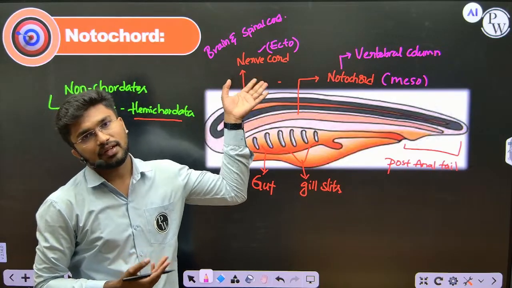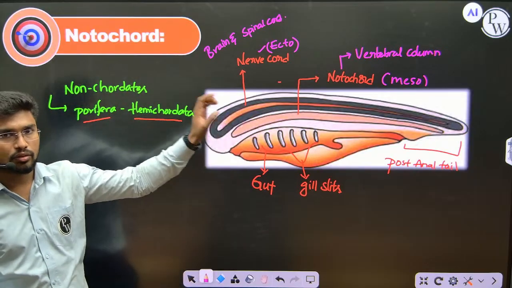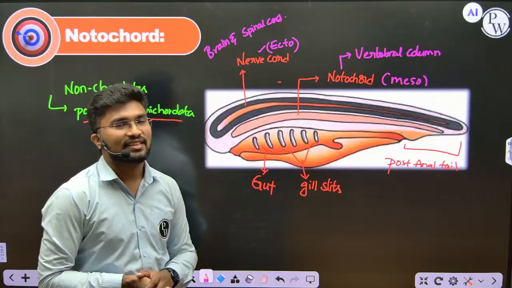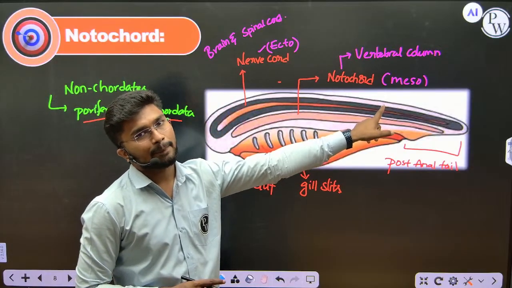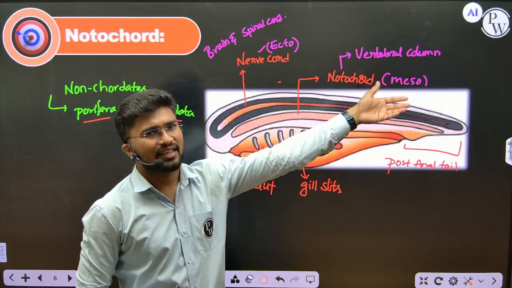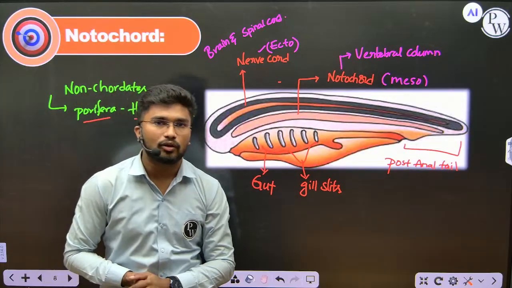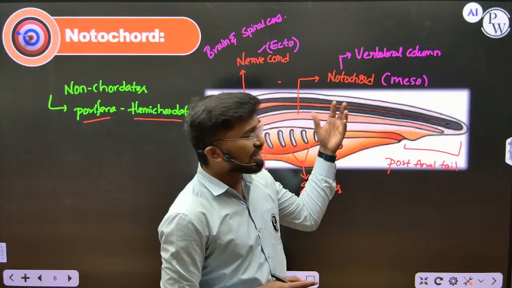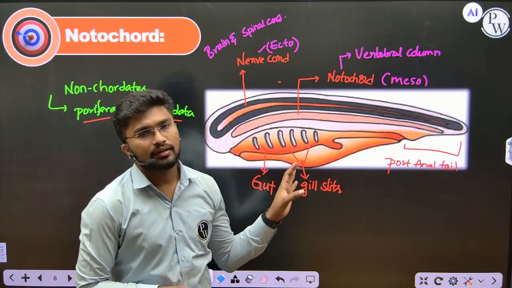So animals having a notochord are chordates, and those not having one are non-chordates. Generally in chordates, the notochord is converted into either a bony vertebral column or a cartilaginous vertebral column.